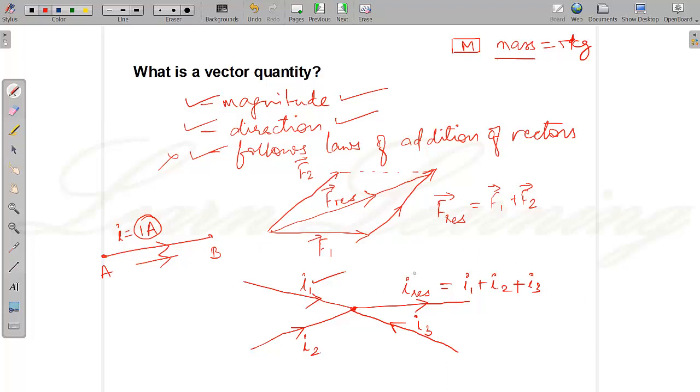We'll see why. If you are familiar with Kirchhoff's junction law and Kirchhoff's loop law, you would have studied them in 10th standard also. If not, no need to worry.